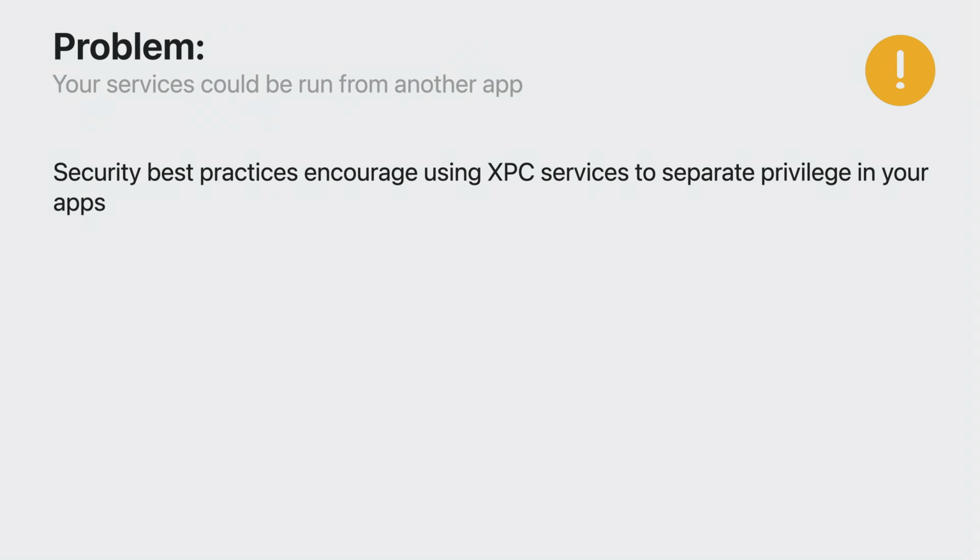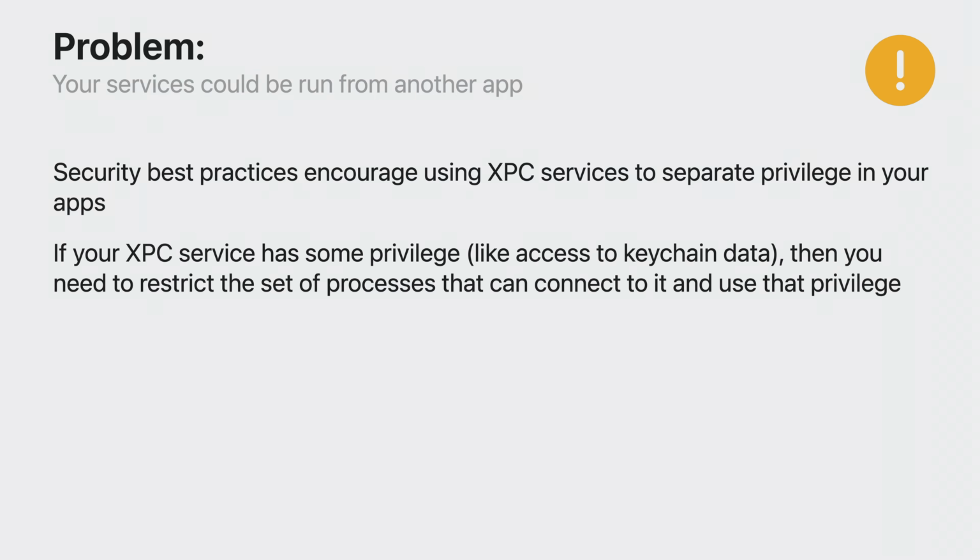Now let's talk about a few more problems that environment constraints can mitigate. We encourage you to use XPC services to separate privileges between different processes. But when you build XPC services, it is possible to extract those services from your bundle and call them from other code. If you have assigned some privilege to your XPC service, you need to ensure that only expected processes can gain access to that privilege.